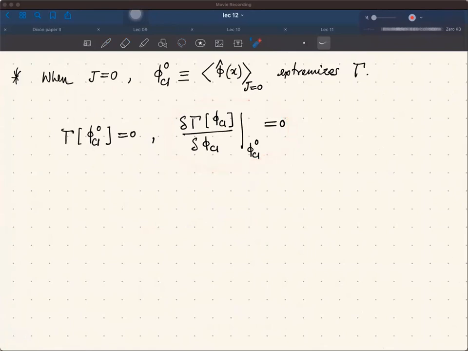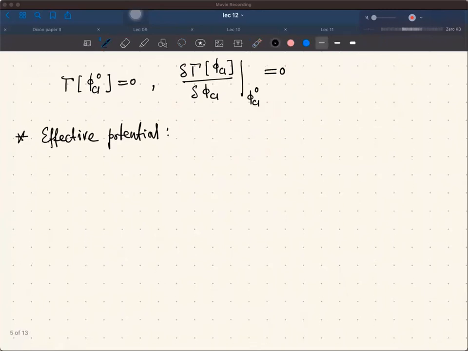Now, you can demonstrate that for the Lorentz invariant vacuum, the effective potential exists in gamma, and that is relevant because in the Lorentz invariant vacuum, phi classical 0 will be constant, and therefore only the effective potential will be relevant for this extremization.